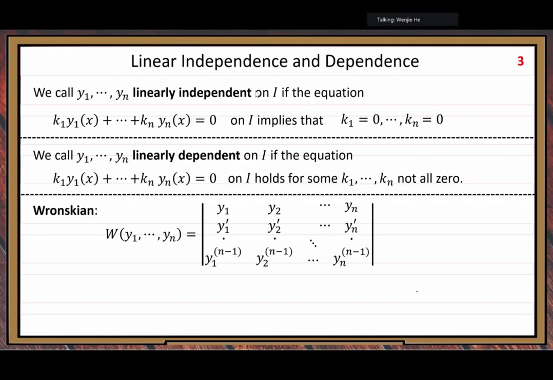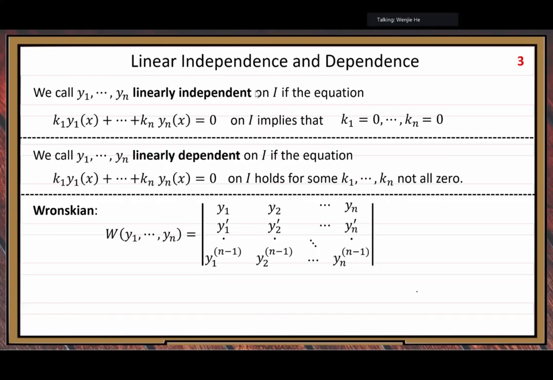Number of rows, n rows. Number of columns, n columns. So it's an n by n matrix. We define the determinant of this matrix as the Wronskian of these n y functions.